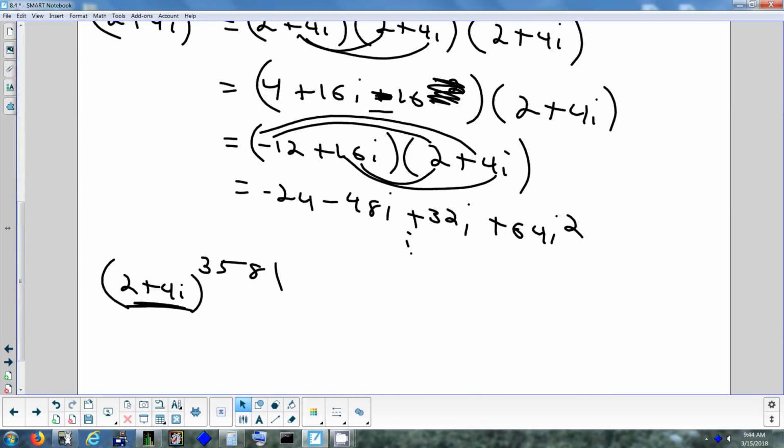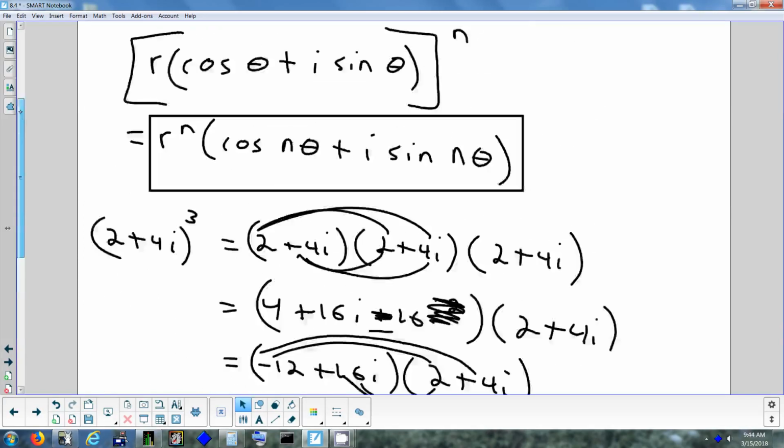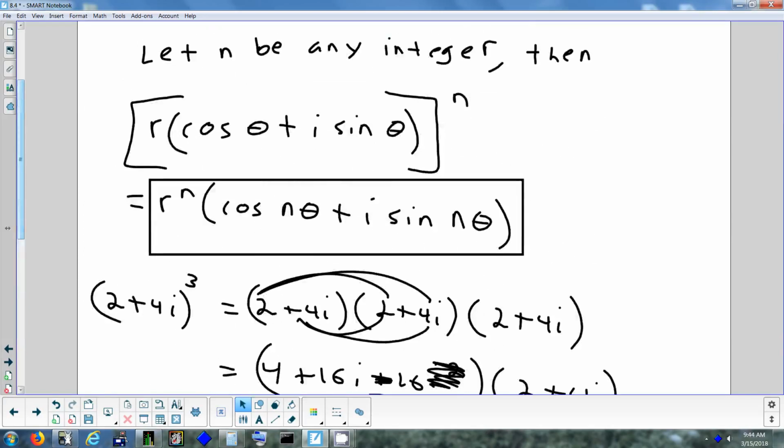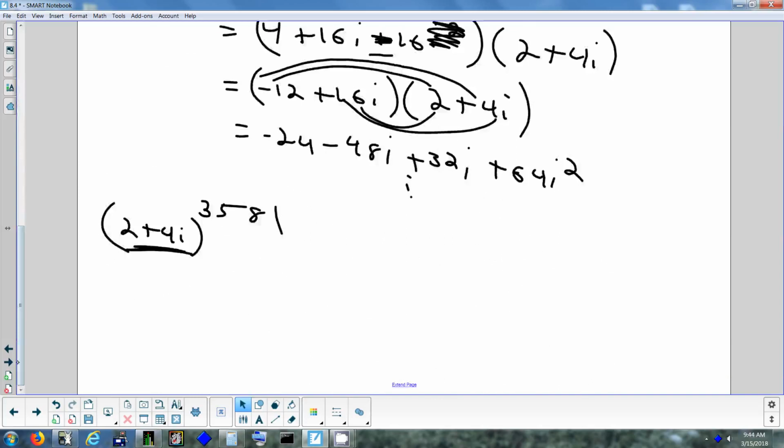But it's going to take me probably 60 seconds to change that to trig form, and then maybe another 20 seconds to use DeMoivre's theorem. If you asked me to do that writing out this 3,581 times, I would never finish in the rest of my life. So DeMoivre's theorem will save us a ton of time, especially for bigger exponents. For smaller exponents, depends.